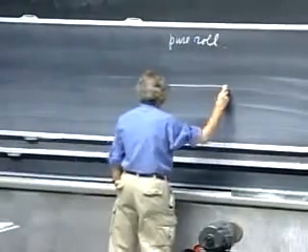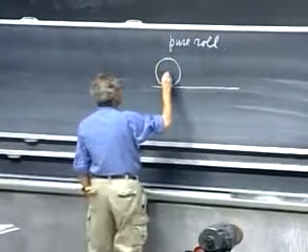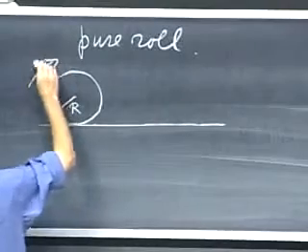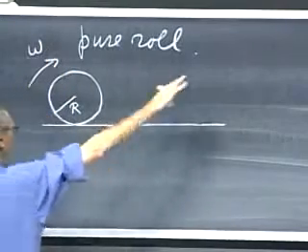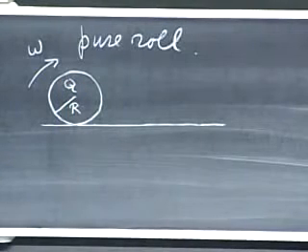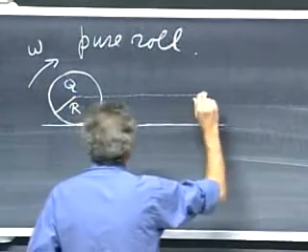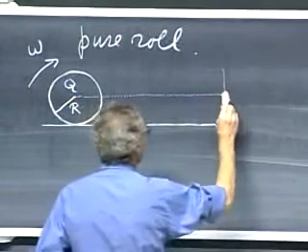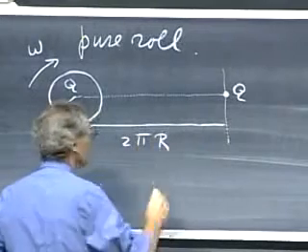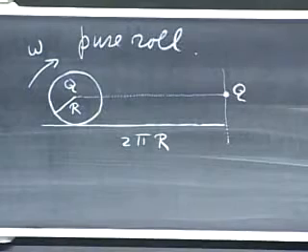If here is an object, cylinder or sphere, with radius r, and I'm going to rotate it like this, and roll it in this direction, the center is called point Q. Once it has made a complete rotation, if then the point Q has moved over a distance 2 pi r, then we call that pure roll.